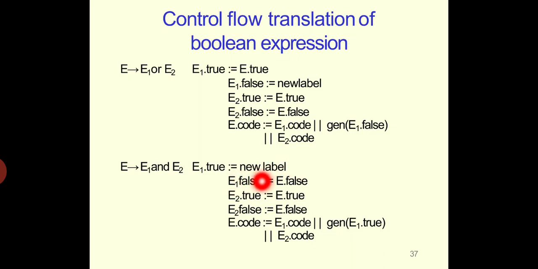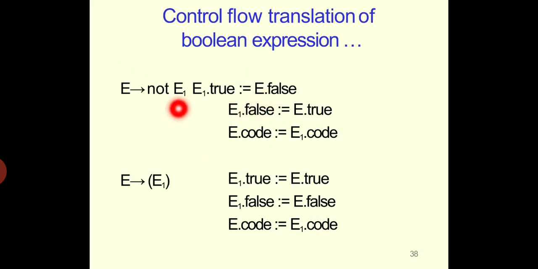That means if E1 is true, we have to examine E2 dot true also, that is E dot true. If both of them are true, it will be E dot true. E2 dot false is equal to E dot false. So the code for E will be E1 dot code. You evaluate the E1 dot code, if it is true you generate E1 dot true, then you execute E2 dot code.